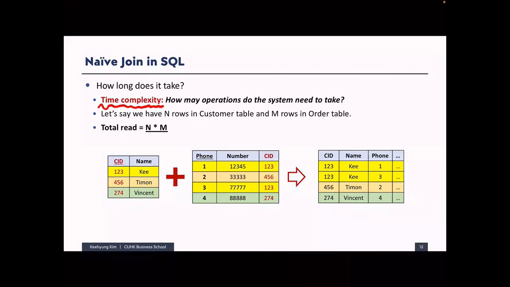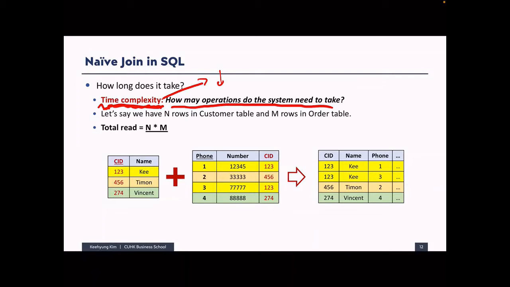Time complexity is a concept of calculating how many operations the computer system should take to get a certain result. Of course, if the time complexity is high, then that procedure takes longer. So it is better to make the time complexity lower. That's one of the optimization problems in computer science.